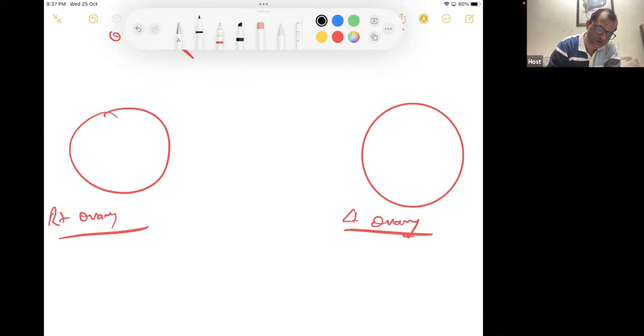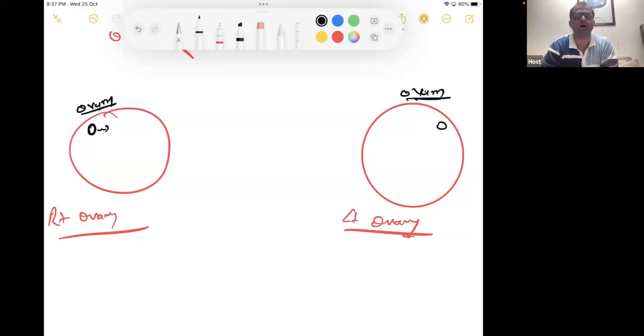Inside the ovary, there is an ovum. ओवरी के अंदर होता है एक ओवम, उसे कहते हैं ओवम. अब इसका मैचुरेशन होगा, अब ये बनेगा पूरा मजबूत ओवम.